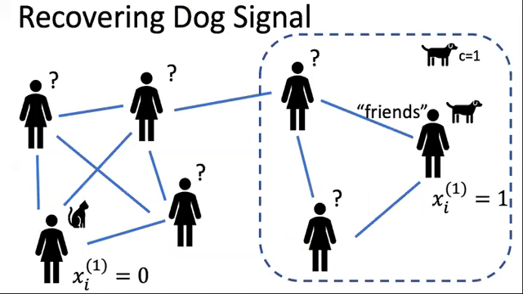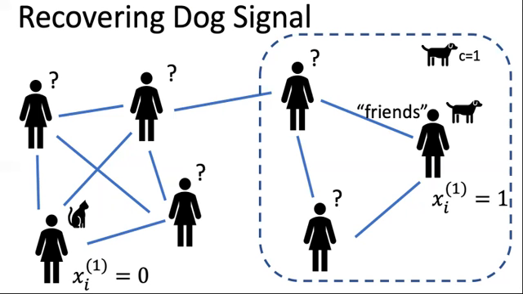So let us flesh this out for our cat and dog social network. So here we have two blocks or two clusters, one cluster of dog persons and one cluster of cat persons. And if we want to learn or identify the dog cluster, we have to learn the indicator signal for the dog cluster. So this indicator signal has some known signal values. For some persons where we know it's a dog person, we set this indicator signal equal to 1.